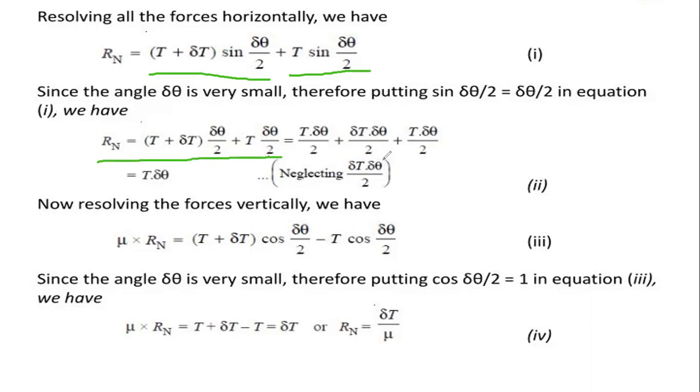By neglecting delta T into delta theta by 2, we get the total force as T into delta theta.